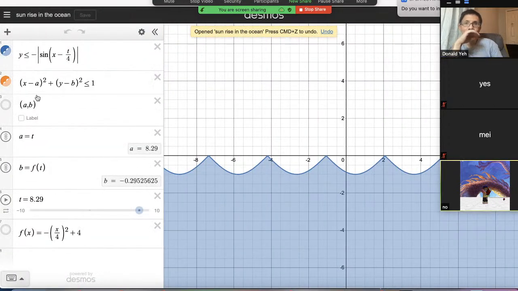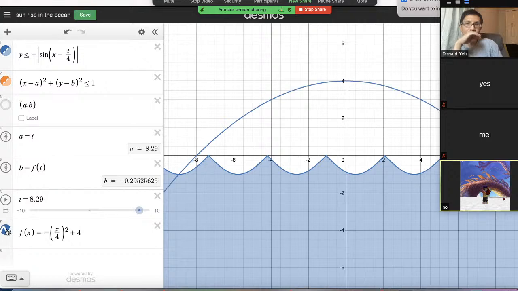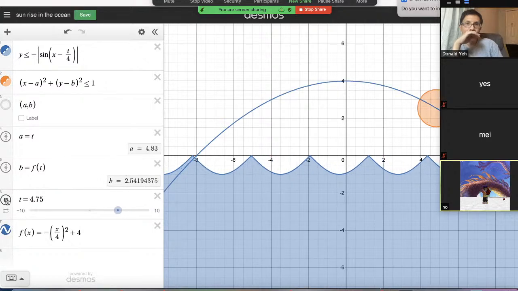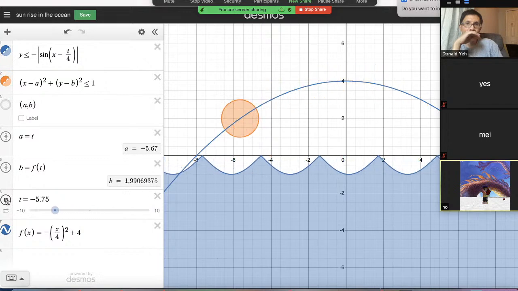Okay, that's not right. Oh, I think negative A, negative B. So A is equal to T, B is equal to F of T. A is equal to T. Oh, square root. How do you do square root? Probably that's why.